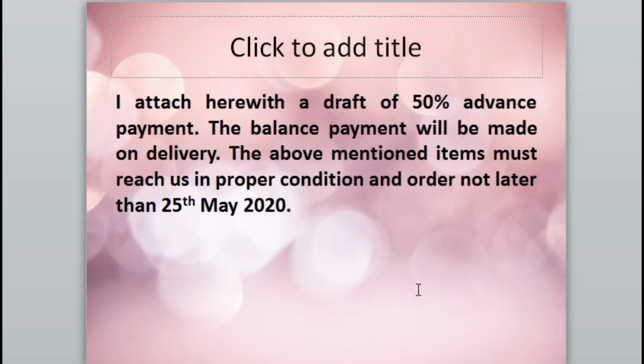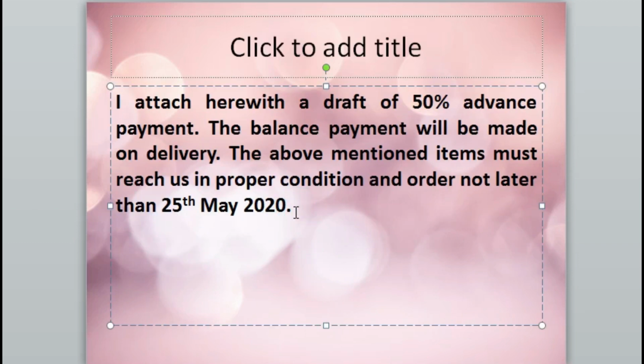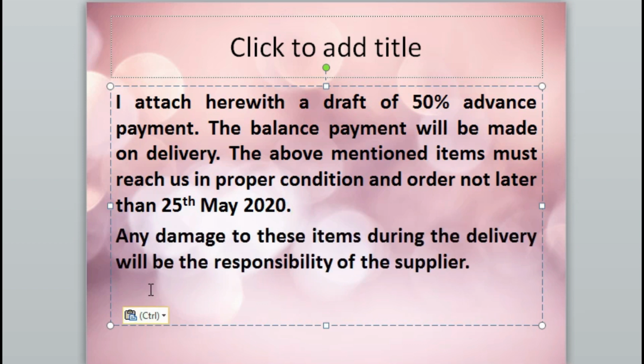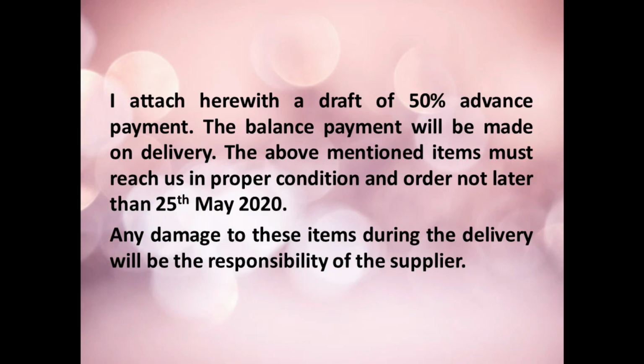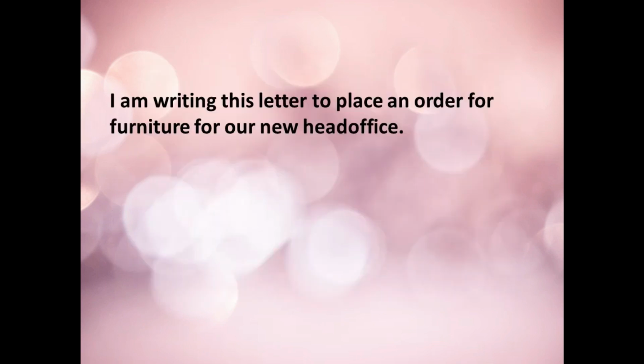You can end it by just adding a specific point, and even if you feel like adding some more points, you can add those. So have a look now. How would your letter look if you go prepared?